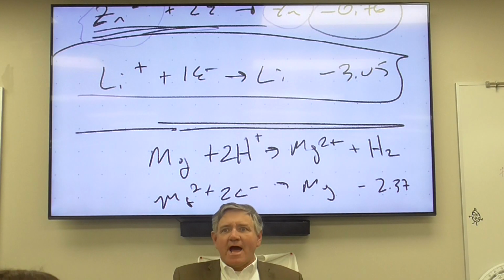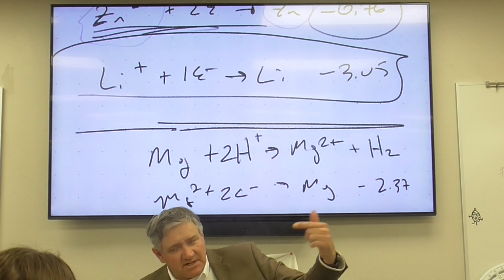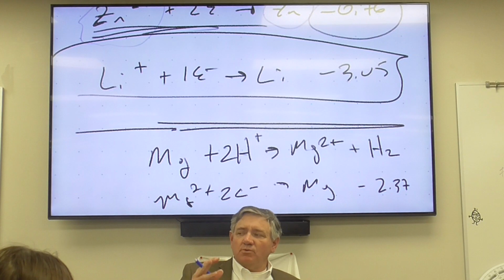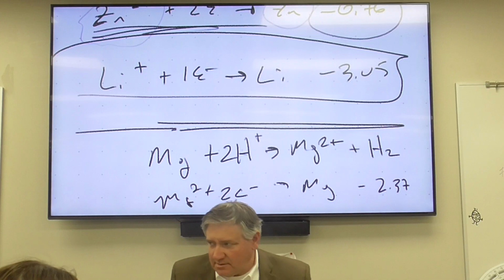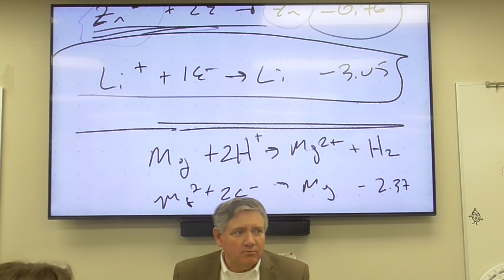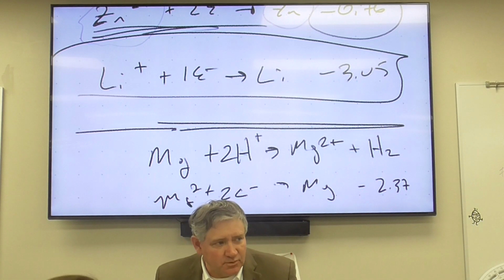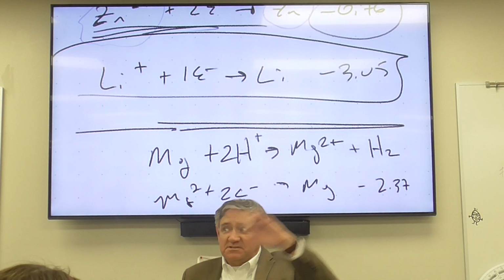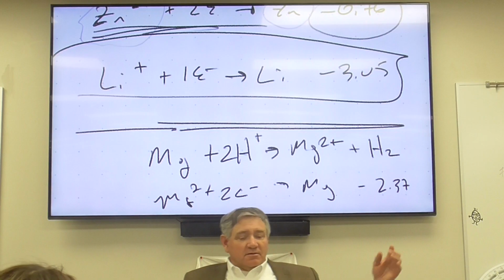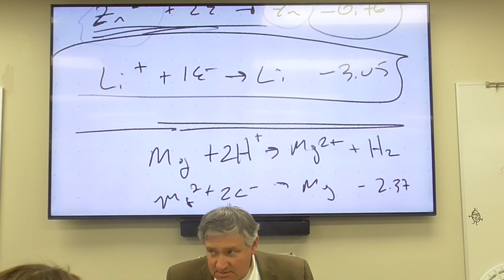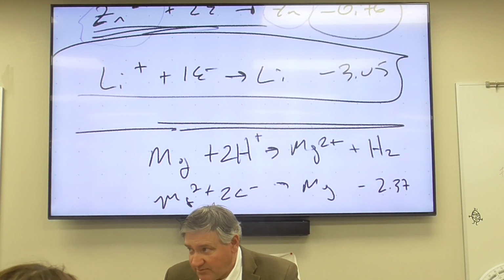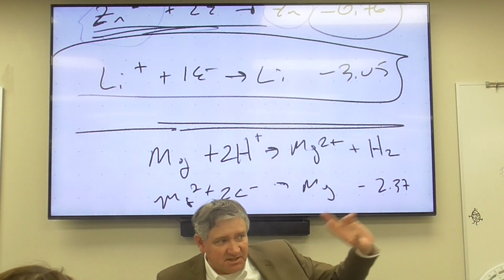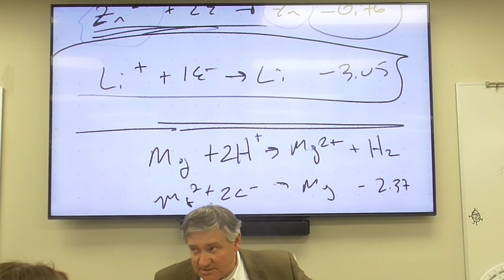So does this reaction want to go in the way that it is written? No, it does not want to go in the way that it is written. What does it want to do? It wants to get flipped over. So magnesium ions don't want to take in electrons and form magnesium. Magnesium wants to give away electrons and turn into magnesium ions.